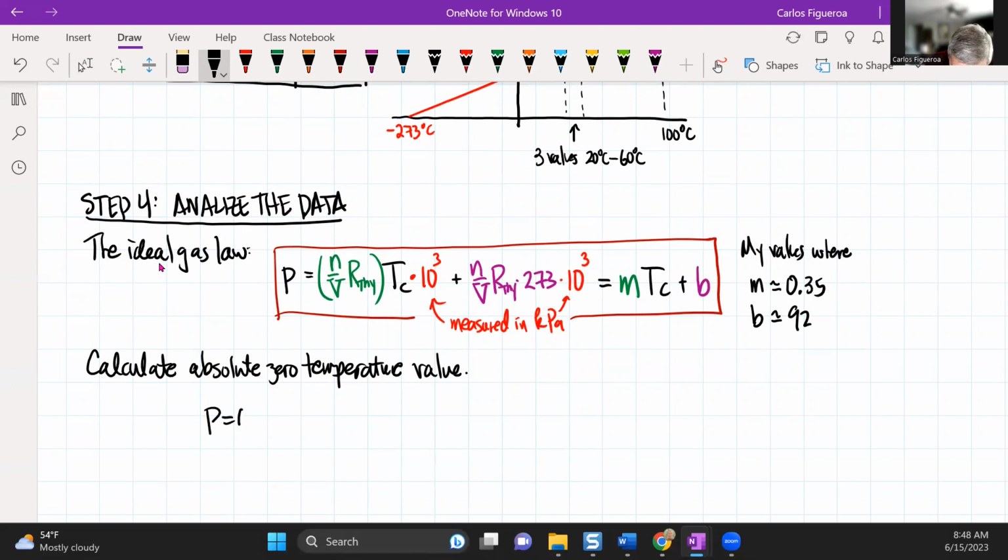When the pressure is 0, this is going to be the slope times the absolute zero value in theory, plus the intercept. So this immediately tells us that the absolute zero value in theory should be my intercept divided by my slope.